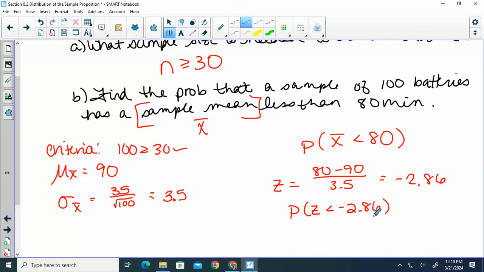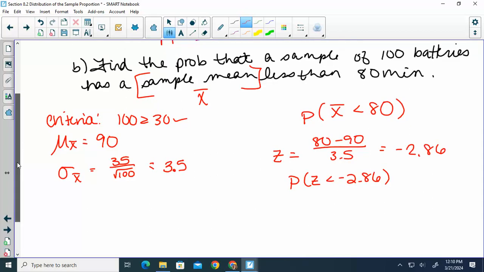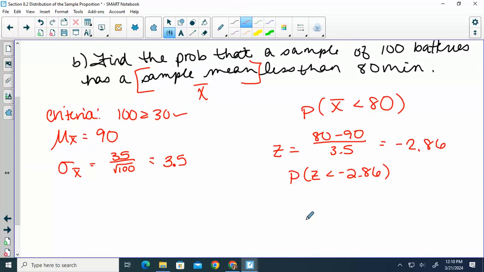We find the probability that z is less than negative 2.86. Less than is what our table gives us, so we look up negative 2.86 and we get, that okay?